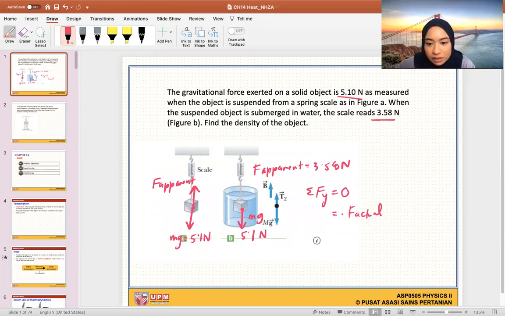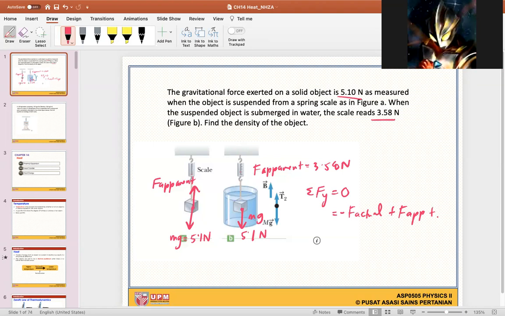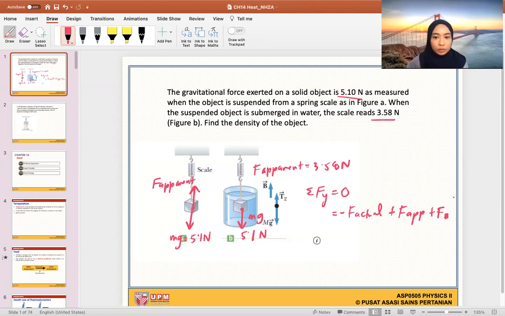Okay. Equals minus F actual going down plus F apparent going up, and F buoyant is typically going up, right? So F buoyant. So everything should be equal to 0. Because why? The object is not accelerating upwards, it's not accelerating downwards. So now, you know that F actual is minus 5.1.